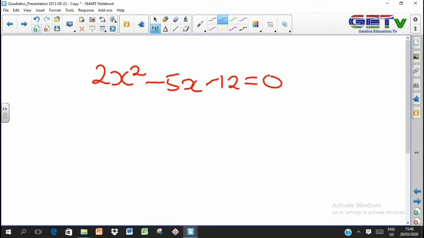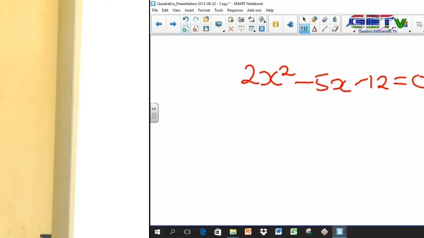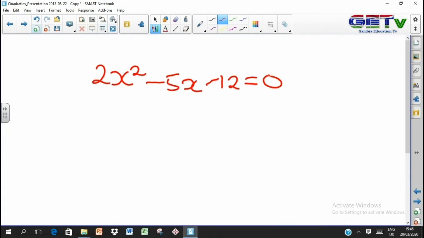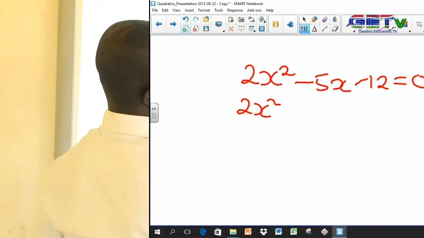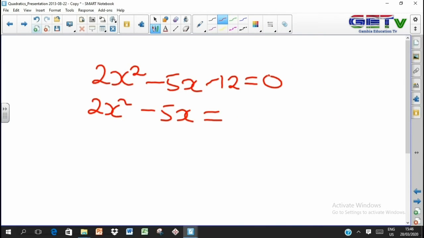I want us to solve this using the completed square method like we did in our previous lesson. We were told to always transpose the constant of the equation to the right-hand side. That will give 2x squared minus 5x equals, if you transpose negative 12 to the right-hand side, 12.